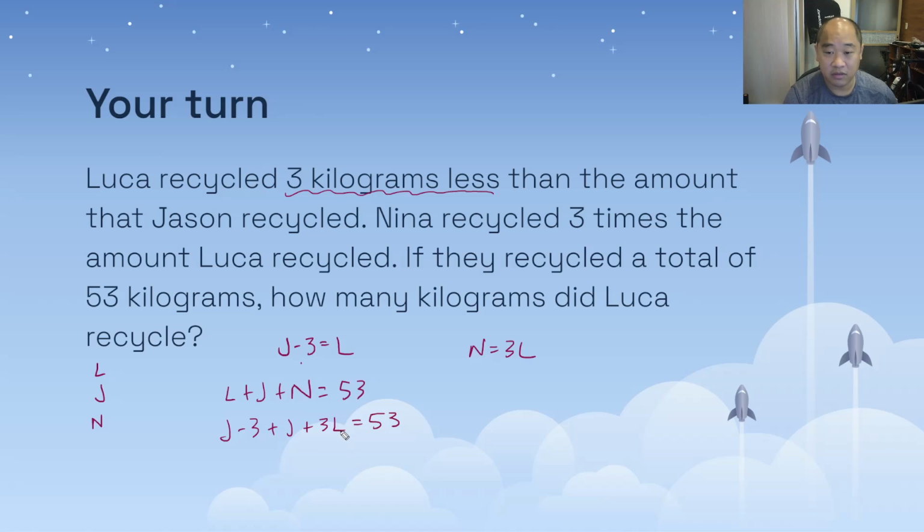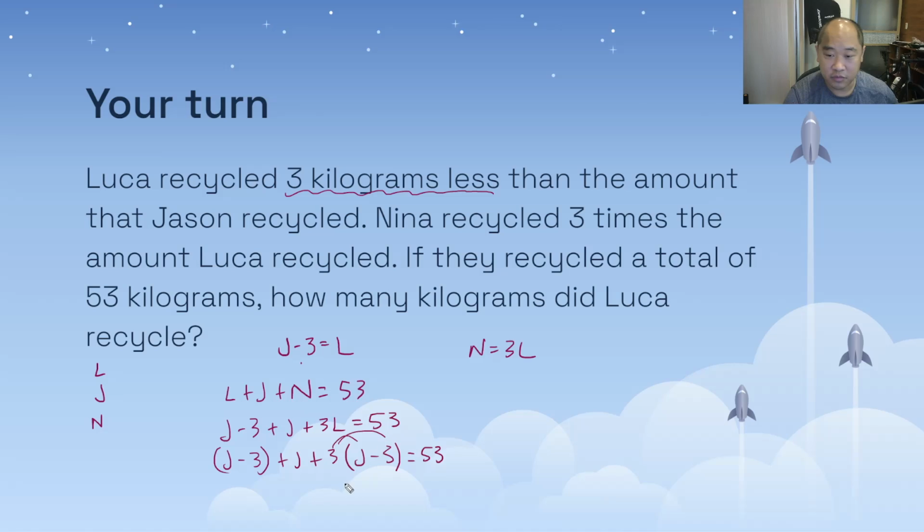Now we still have an L here, so we want to replace this L with also J minus 3, right? So J minus 3, that's for Luca, plus J, plus 3 times L, which is J minus 3, equals 53.